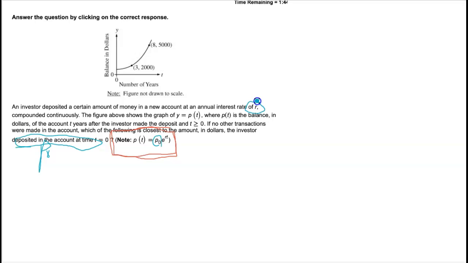They didn't actually tell you what R is. So you have two variables. It feels terrifying for a moment because how can the interest rate be a variable? Oh my goodness, they always tell it to me. Hang on. You know algebra, right? You have two variables. You need to find two equations. And guess what? They gave you 2 points. So make an equation out of 1 point and make an equation out of the other point.